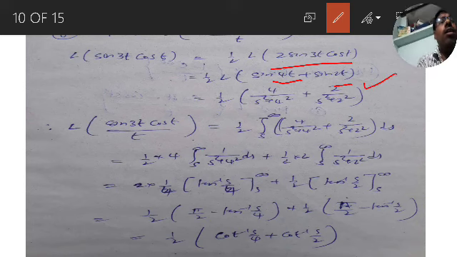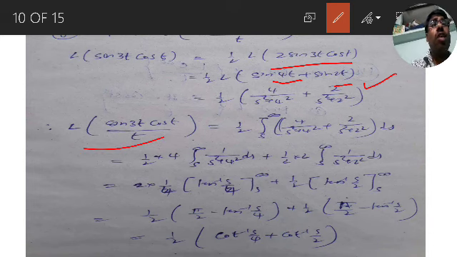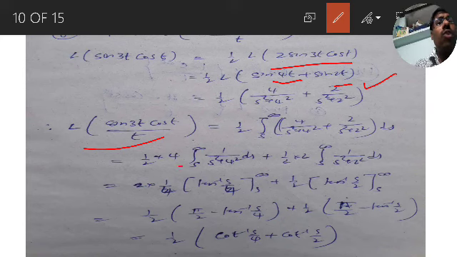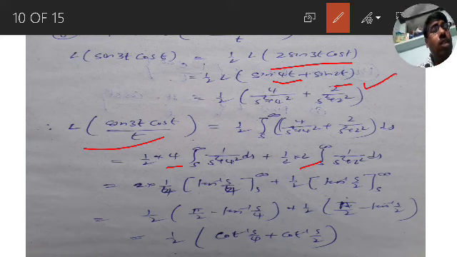Apply that, and you are going to get L of sin 3t cos t by t equal to, applying division by t, integration with constants outside of the integration. Now 1 by s square plus a square integrates to 1 by a tan inverse of s by a.